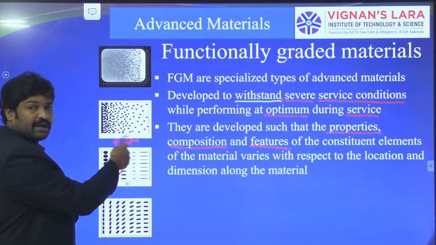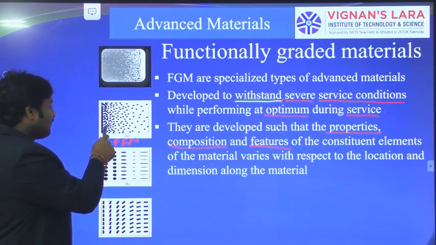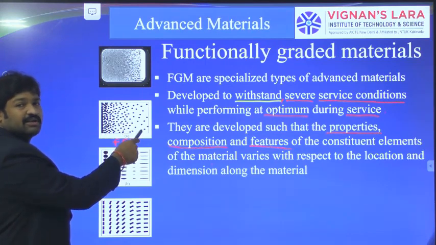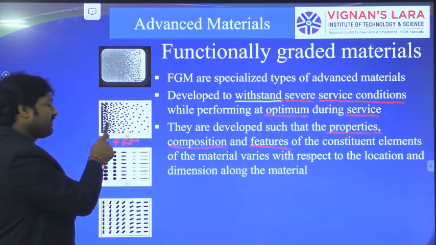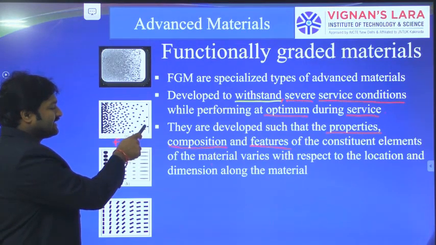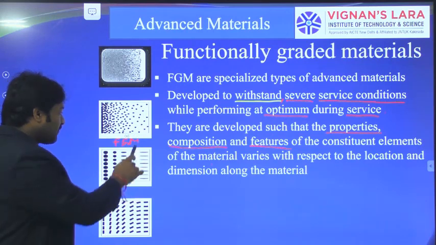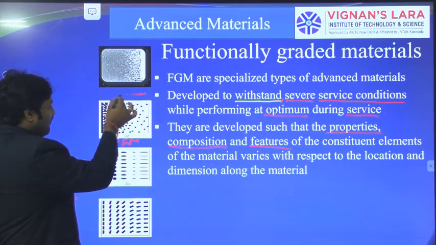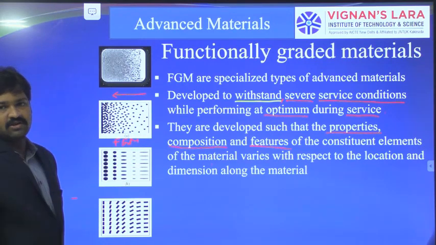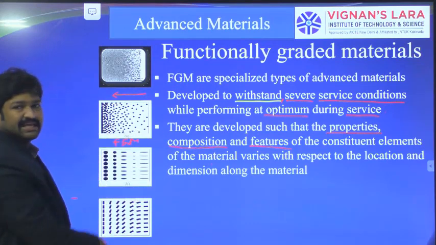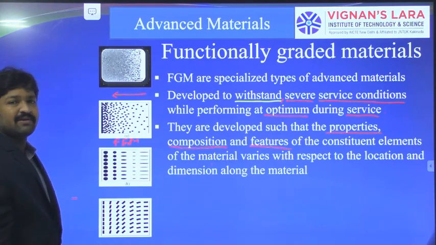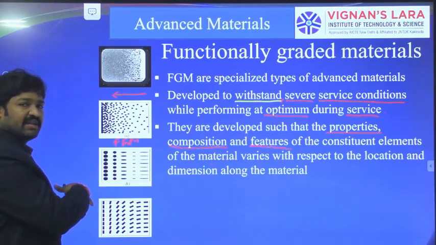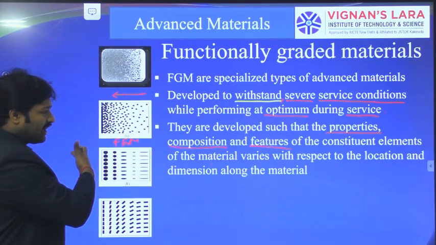From left to right, the black spots are reduced, so the white area is increased. Here the composition of the other material is high and here it is low, so the property will vary from one direction to the other. One property might increase in this direction, while another property will decrease along this direction. Depending upon the application, the properties will vary from one location to another.